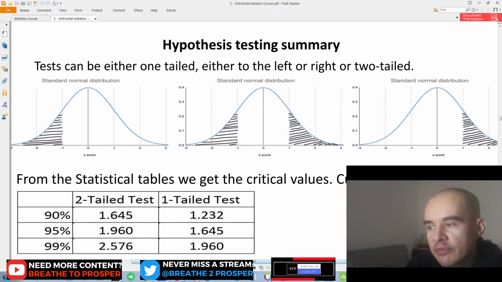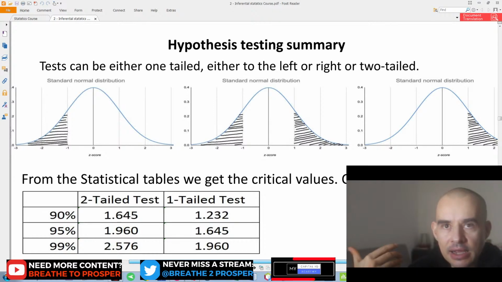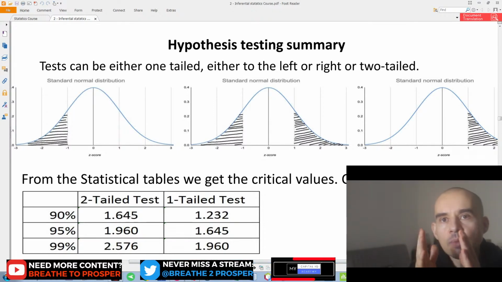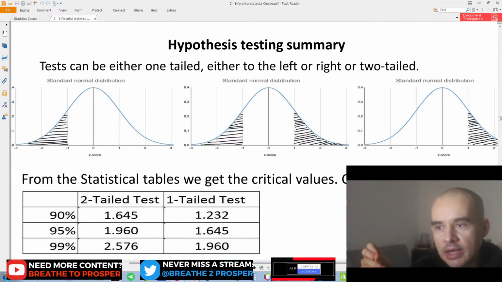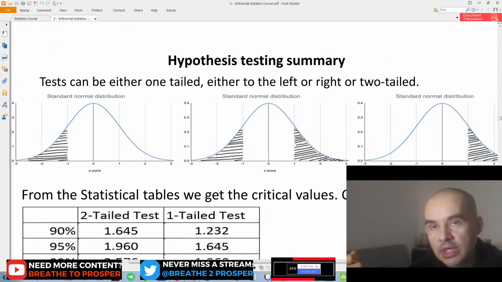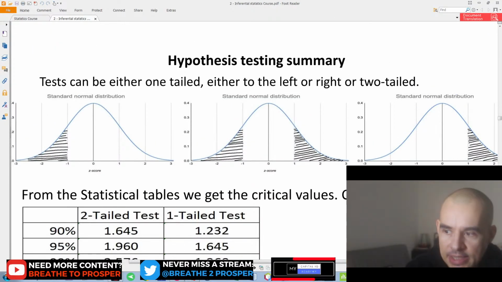So when we define a 5% error rate or 95% confidence interval, essentially we are defining a critical value, a bound, from which if the calculation that we get from the table that we saw earlier on does not lie within the specific region, we reject the null hypothesis. Or, if it's actually within the region, we accept it.